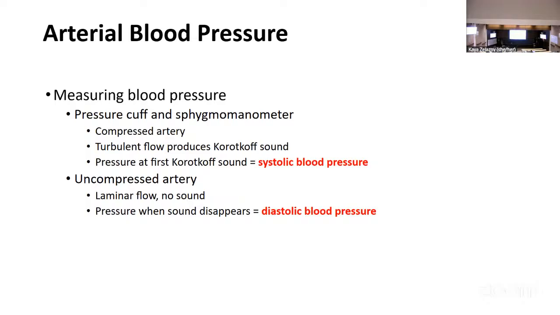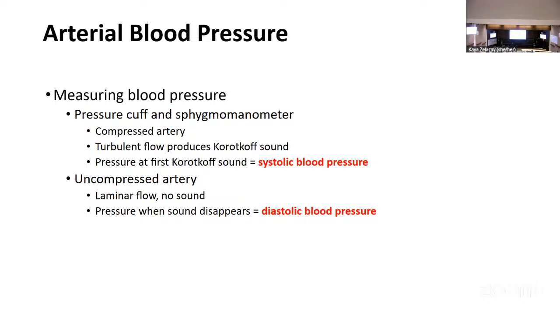When there are changes happening, we get this turbulent flow that is actually audible, okay? So this is what produces our first sound when we're listening for blood pressure. It's called the Korotkoff sound, okay? So that first sound you hear is telling you the maximum number for the pressure in your arteries. So that's our systolic blood pressure that we're going to record first.